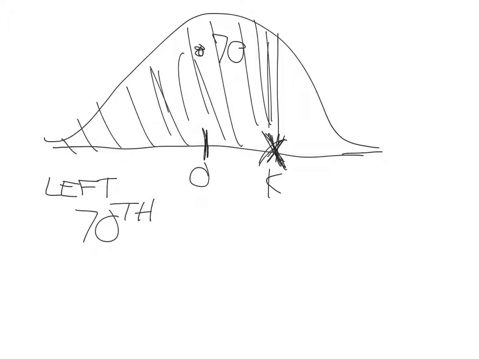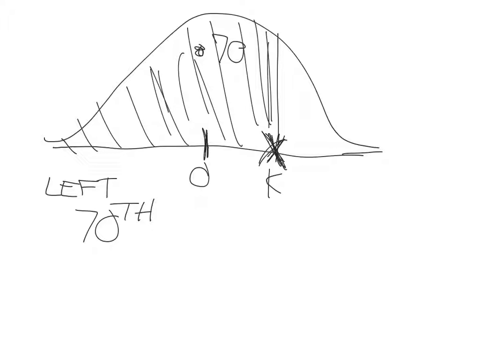Now, how did I know K is to the right of 0, since 0 is at the 50th percentile? Well, we know that under the whole curve the probability is 1. That's an analog from discrete probability, where when we add up everything, it adds up to 1.